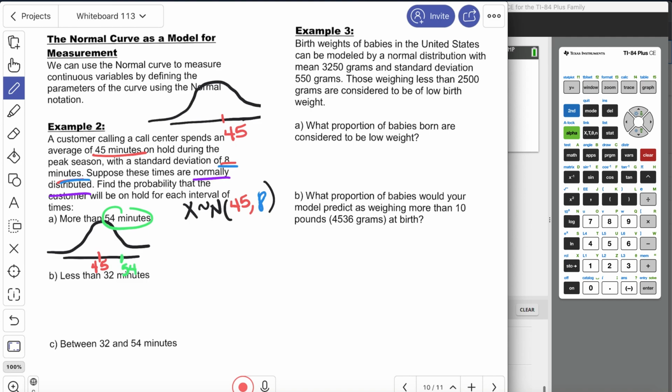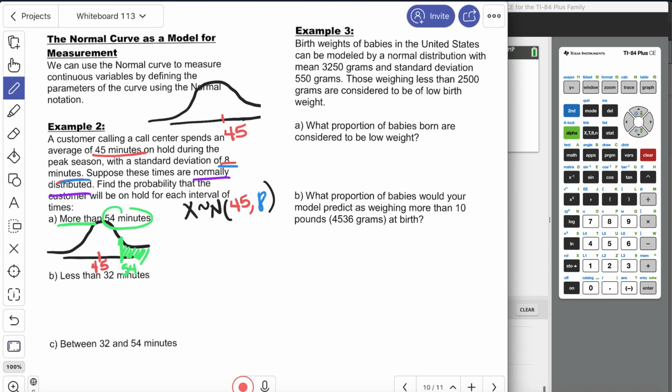And the second part is I need to figure out how I'm going to shade the curve. Because they say more than, I'm going to shade this curve where the numbers are more than 54, and that would be to the right. So when I do that, I see what kind of curve this is. It's an upper curve.